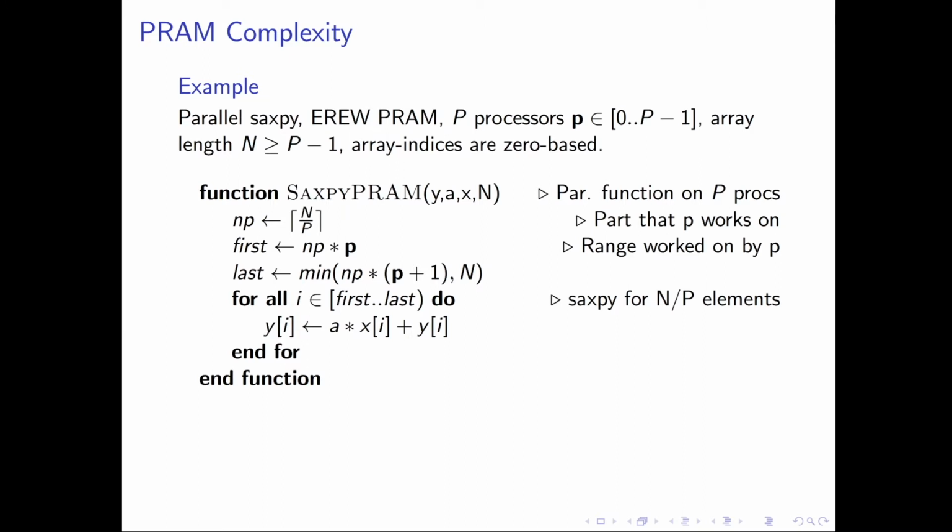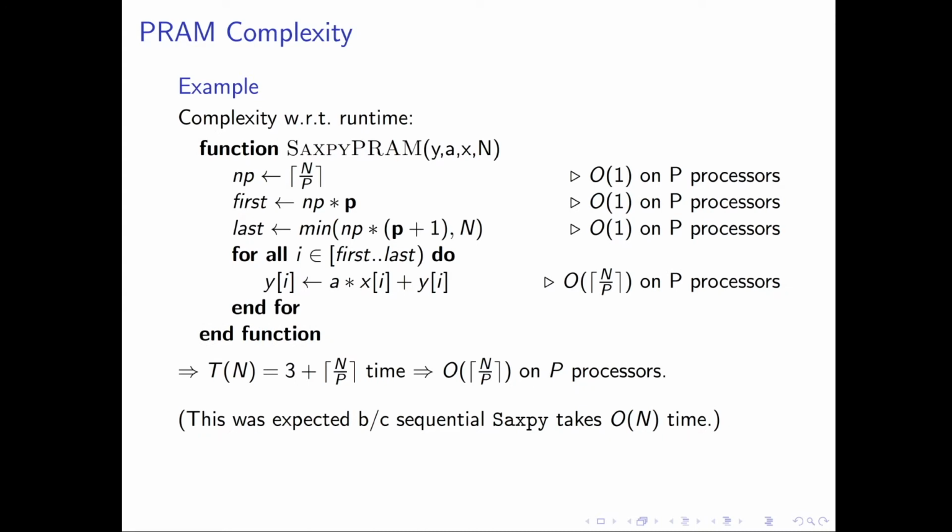And because my algorithm makes this guarantee, this algorithm is executable on an EREW PRAM. If this was not the case, if I were to perform simultaneous accesses to the same memory address from different processors, then this would not be a valid EREW PRAM algorithm. But because I'm making this guarantee, it is.